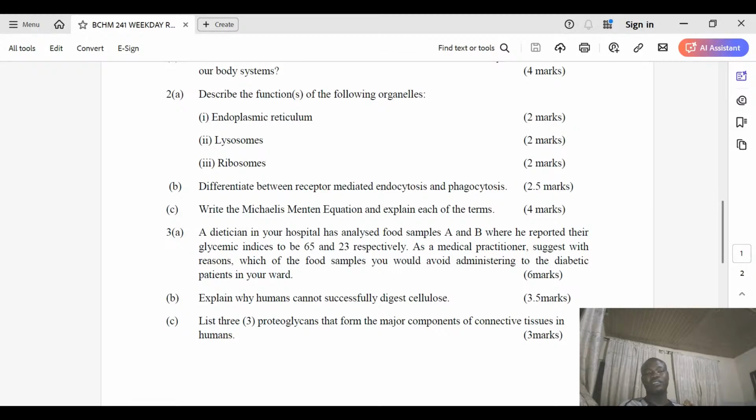Write it. Let me see. Michaelis-Menten constant.